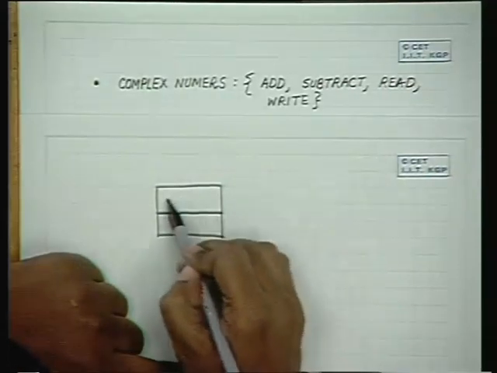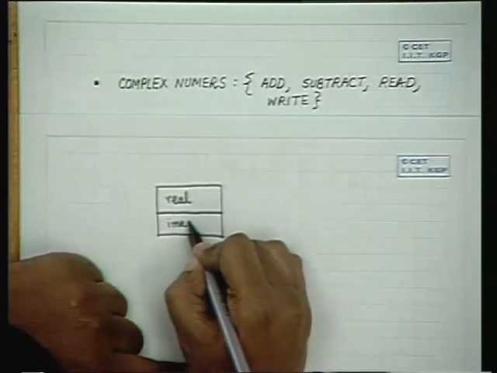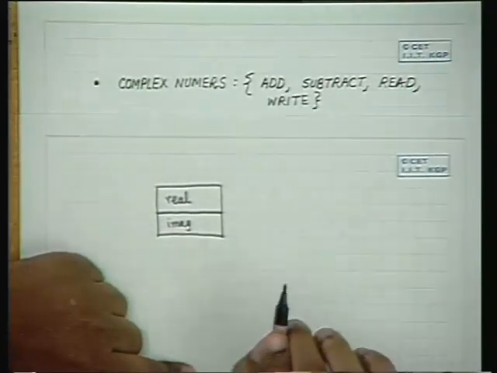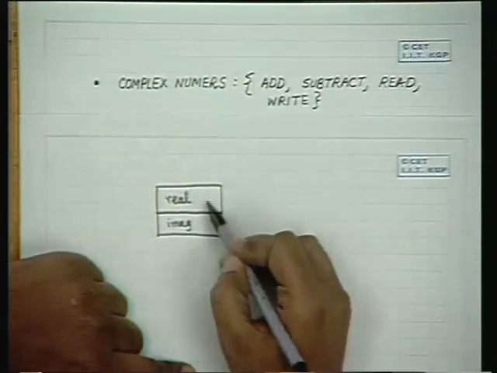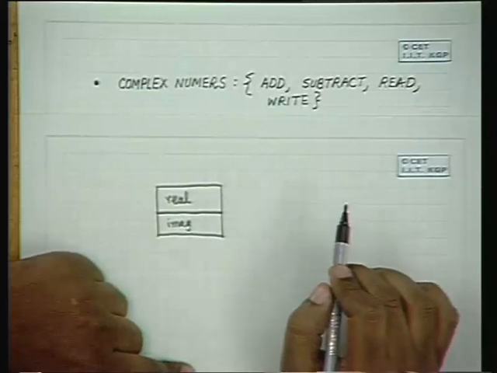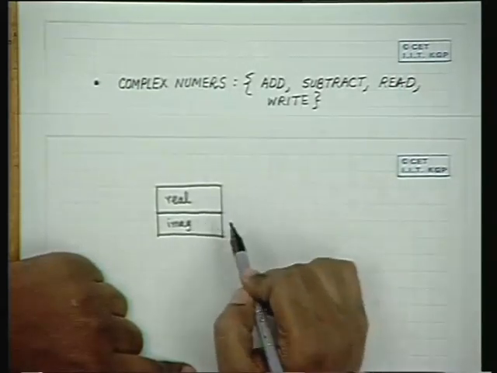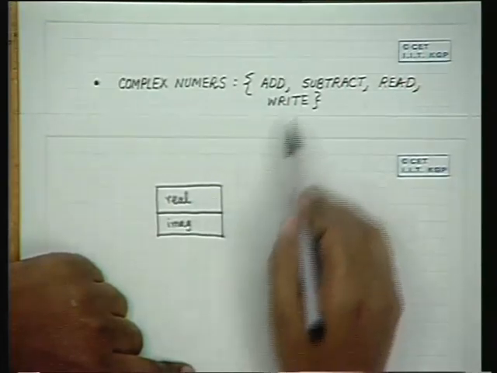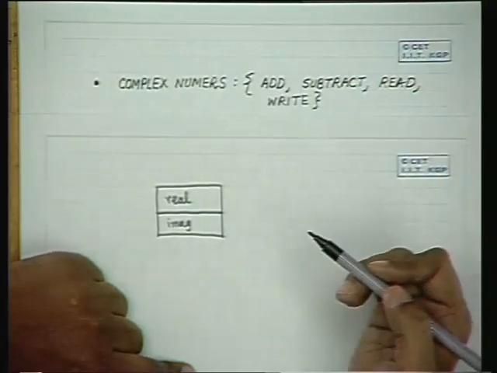It will consist of two, the real part and the imaginary part, and this is all that we will define for any instance of the data. For different instances these values will be different, different actual allocation will be done, but the structure or the type will be the same. And the functions add would take two numbers and add them, subtract, this is what we had written before. And let us see, could we have done anything better?